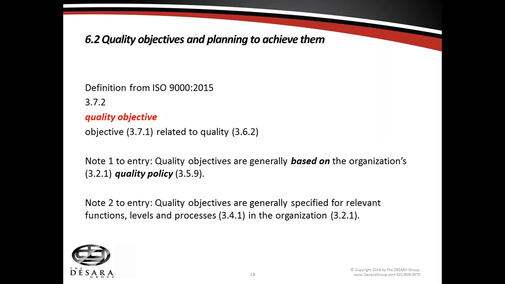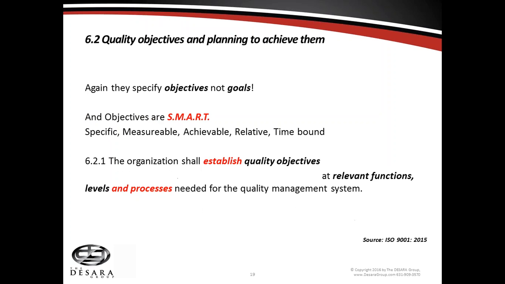If we go back to 3.7.2, the definitions in ISO 9000, there's a definition for quality objective, and basically it's telling us that it is a result to be achieved, an objective as related to quality. And so again, based on the organization's quality policy. And then they're generally specified for functions, levels, and a new word in this note, processes within the organization. So again, most of these will make their way into the requirements, which are on the next page.